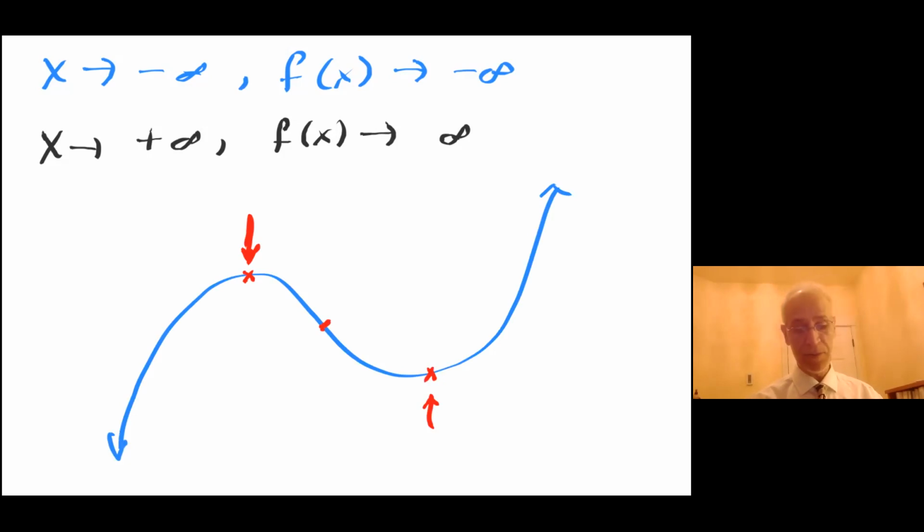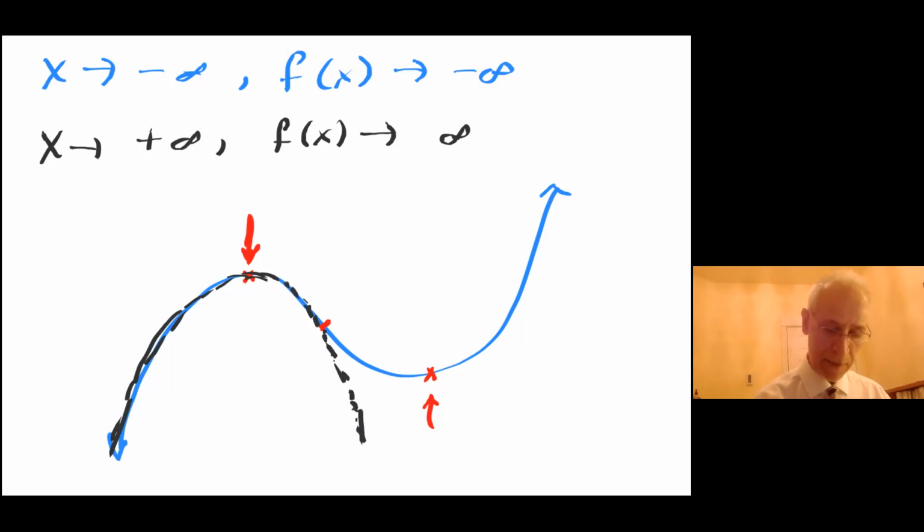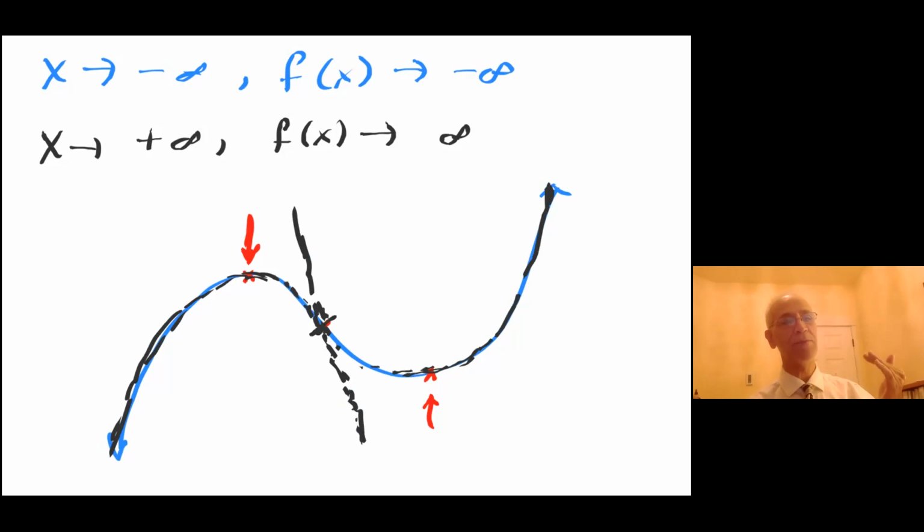So what do I mean by that? Notice that the graph is concave down for some part of this, and it is concave up for part of this. So this point right here, where the graph stops being concave down and starts being concave up, is known as the point of inflection.